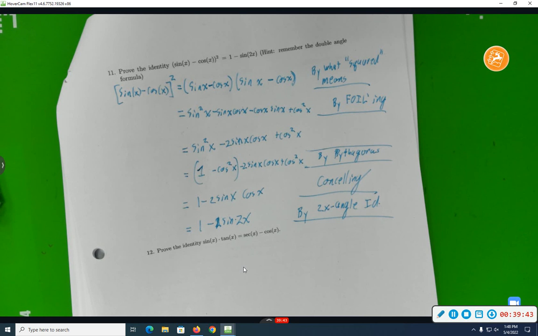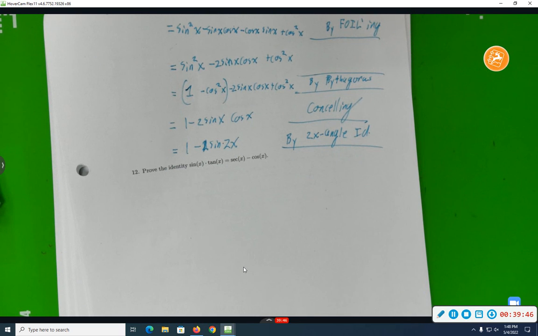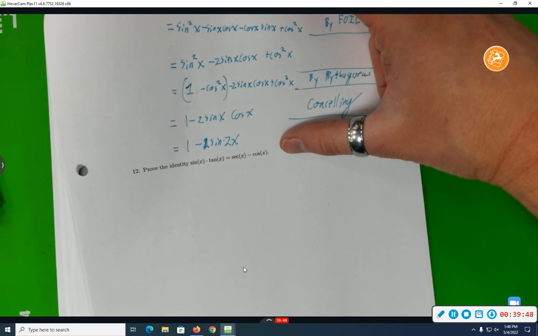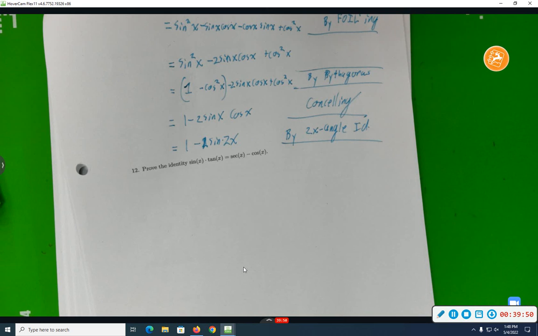This last identity, well, I said this page was the more difficult one, but that really was the only one that uses anything new. This last one is, in some sense, more of the same. Let's just talk through general ideas without writing. What would you want to do for that to start the process? Split it in terms of sine and cosine.